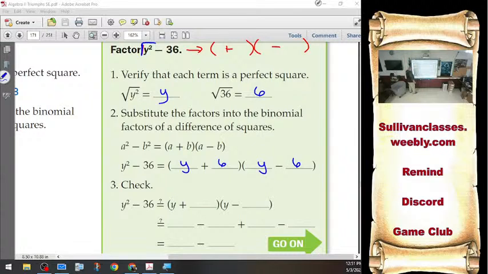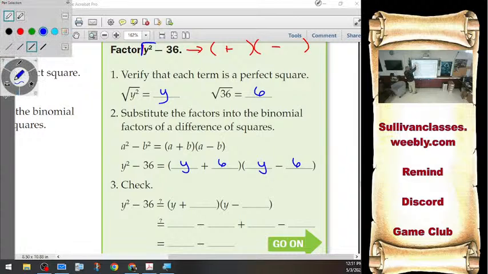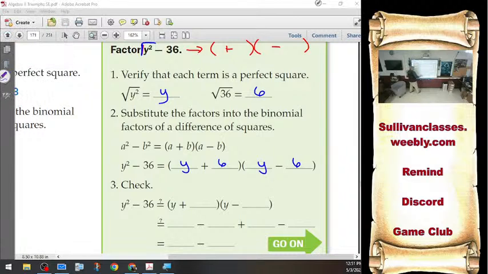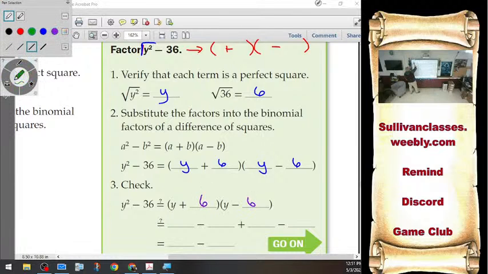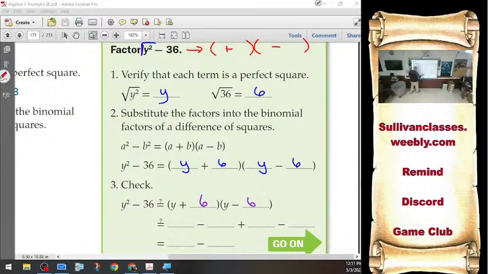Now it's just a check. We said that it was plus 6, minus 6. Take y times y. Take y times negative 6. 6 times y.